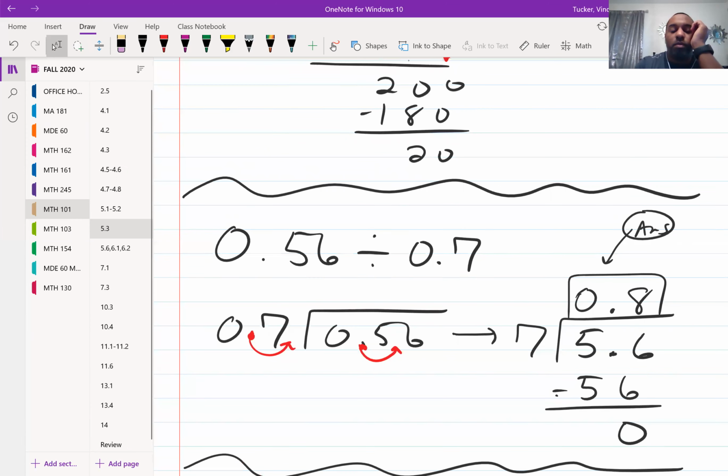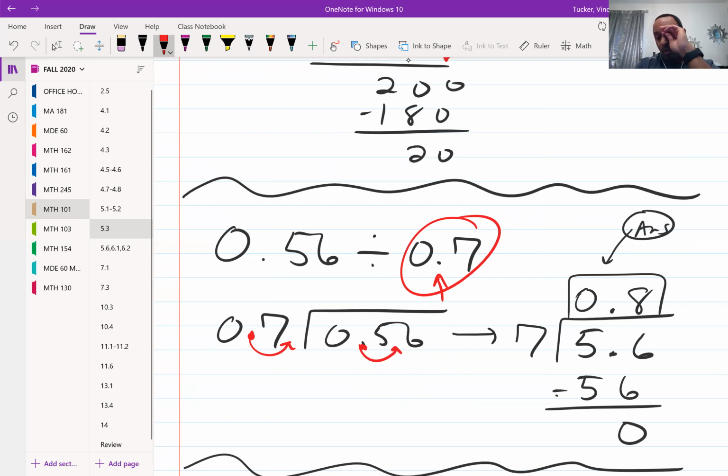All right, so next one, we have 0.56 divided by 0.7. The difference between this one and what we dealt with up to this point is that we have a decimal in the divisor, the number that we're using to divide.